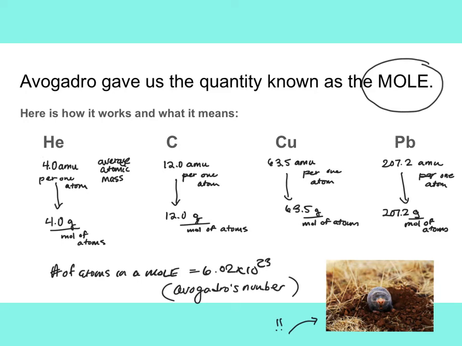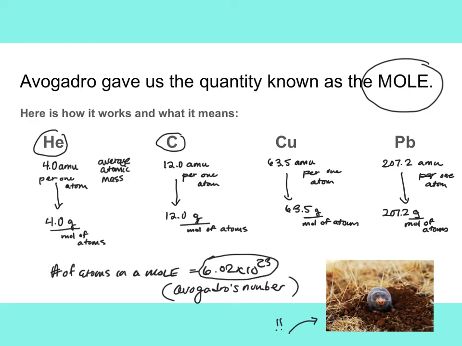And it is mighty, mighty large, because atoms are mighty, mighty small. Now think back to a dozen for a moment. If I give you a dozen helium atoms, you have 12. If I give you a dozen carbon atoms, you would have 12. The number in a dozen is always the same, just like the number of atoms in a mole is always the same, 6.02 times 10 to the 23rd.